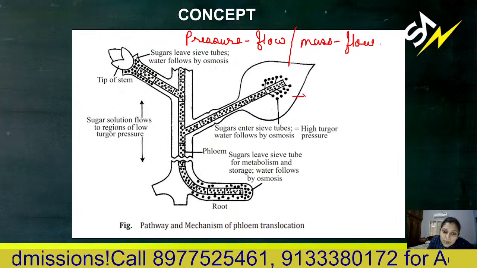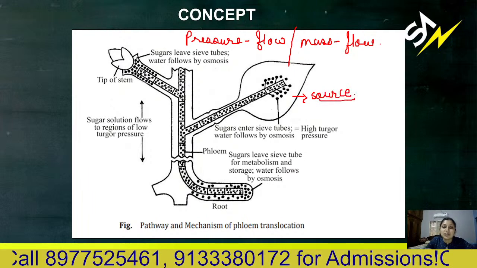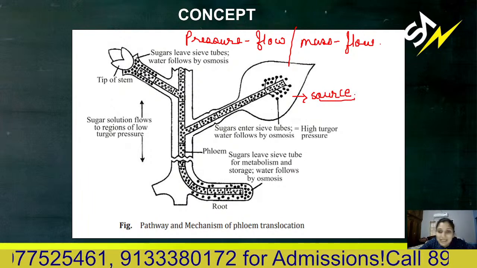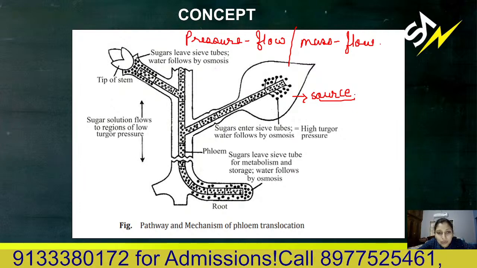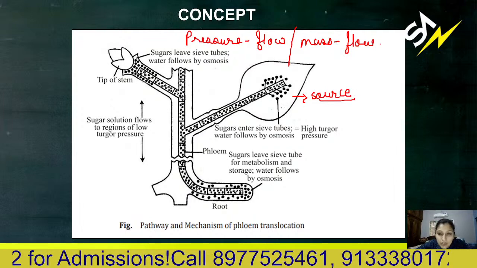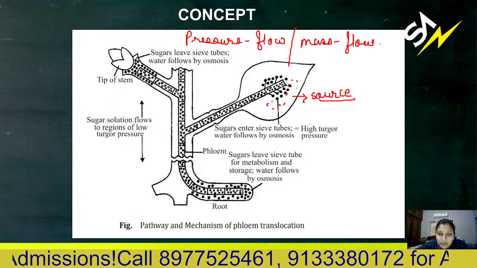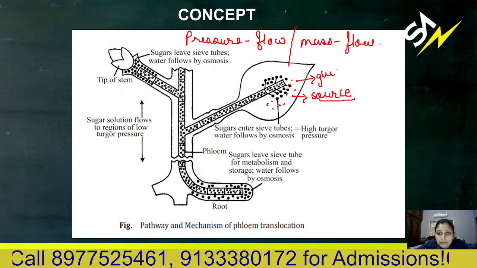This is the source. You all know that green leaves are the source of food because they can synthesize food on their own by photosynthesis. So food is synthesized in leaves, in the form of glucose.